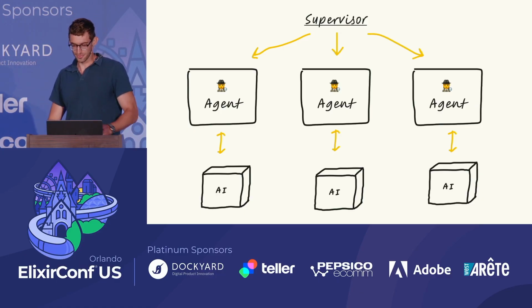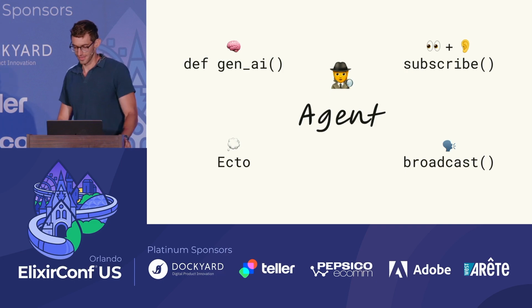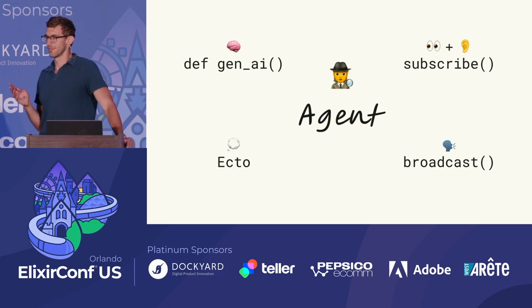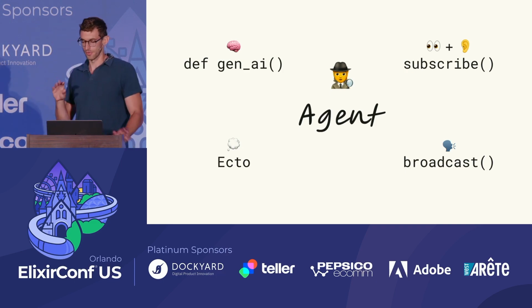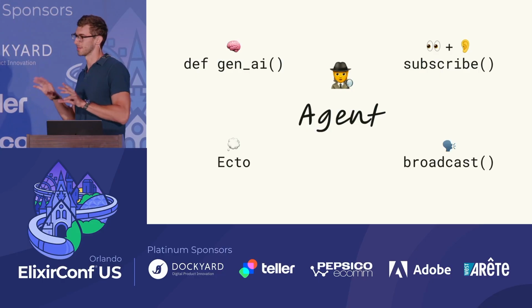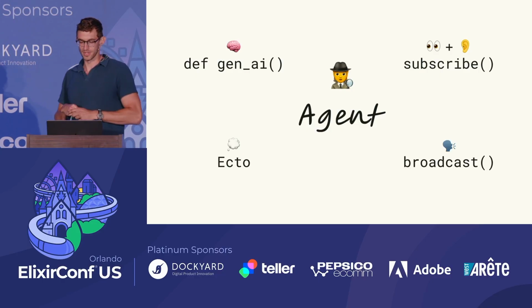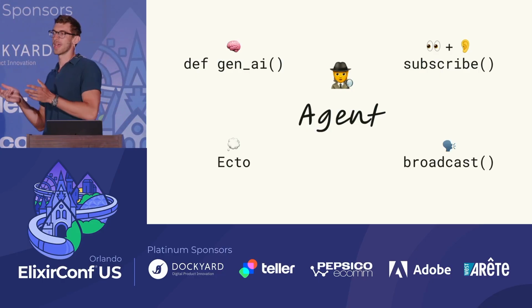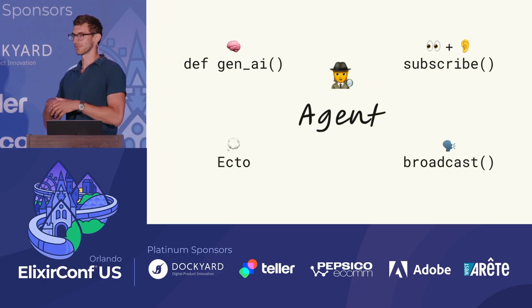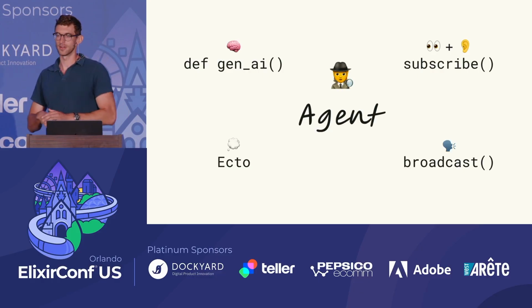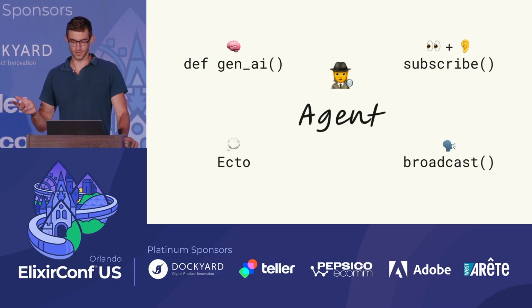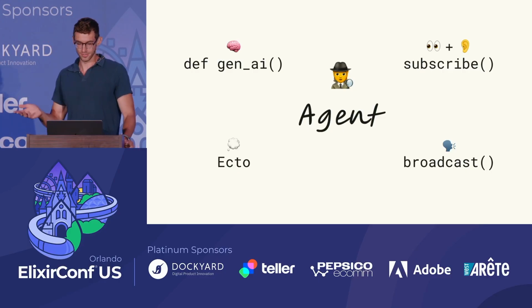And if you zoom in on an agent, they kind of have four domains that they need to each keep track of. So each agent needs a generative AI function, which makes requests to either OpenAI or Replicate or some other service, which it can use to make decisions about what to do and how to respond to other agents.